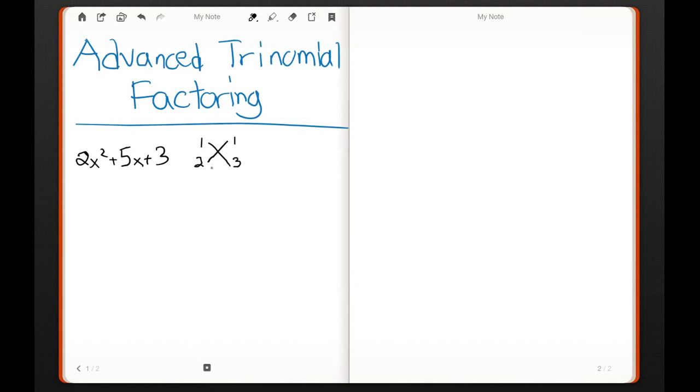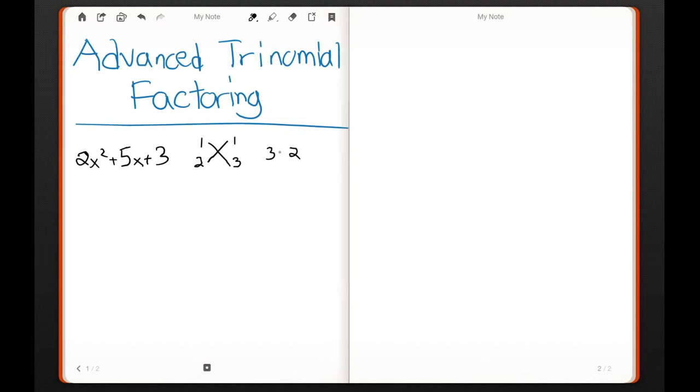Now here's the tricky part. What we want to do is multiply the numbers being connected by the lines of this x. So first we have 1 times 3 is 3. And then on the other line in the x, we have 2 times 1, which is 2.